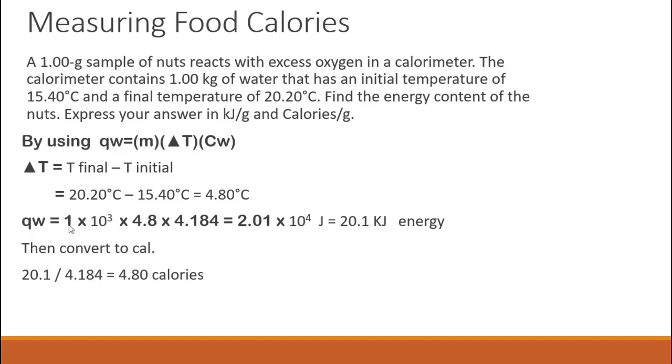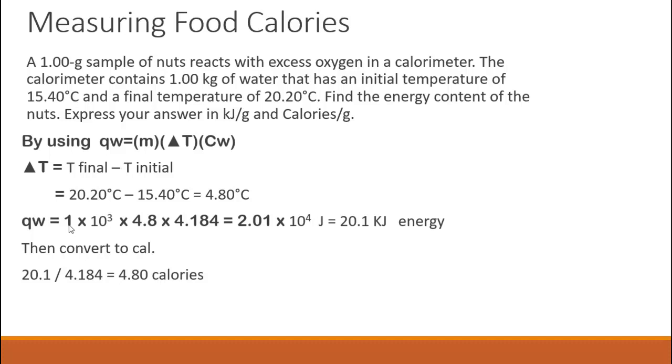The mass equals 1 times 10 power 3. As I told you before, we must change the mass of water from kilogram to gram. So Qw equals 1 times 10 power 3 times 4.8, which is delta T, times 4.184, which is the Cw. All of that equals 2.01 times 10 power 4 joules.